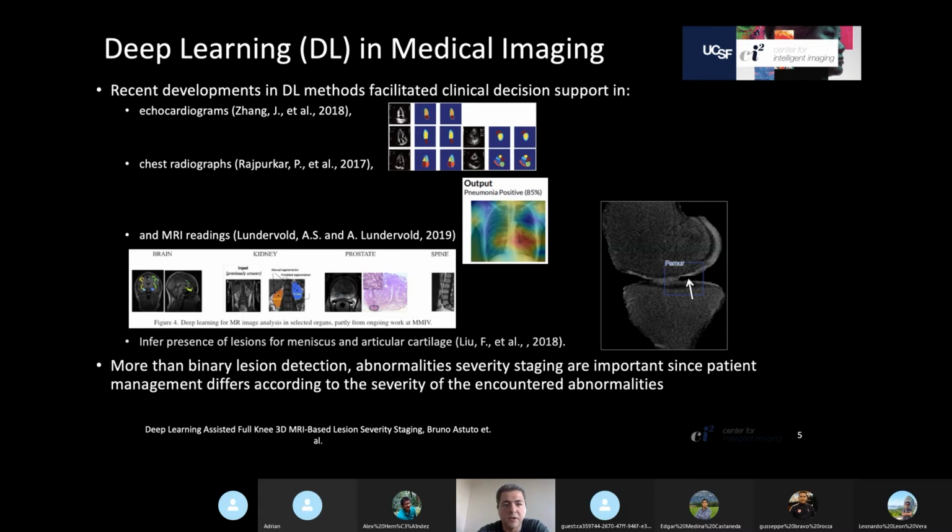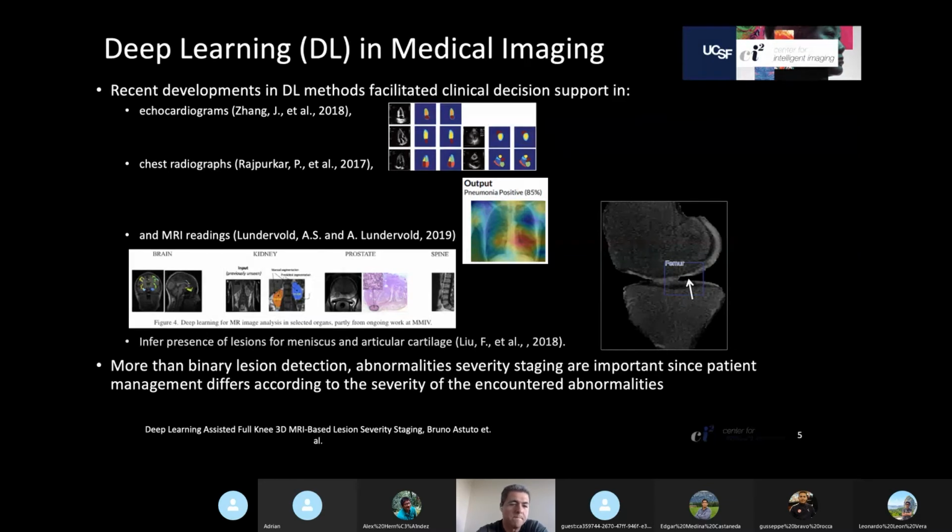Here, in this paper, we have segmentation of cavities of the heart in echocardiograms, the detection of pneumonia in chest X-rays, and also detection of anomalies and segmentation of brain, kidney, prostate, and spine.